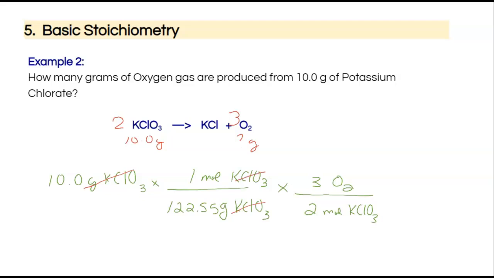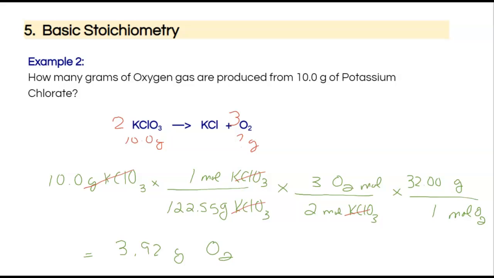I'm getting there, but I'm not there yet, right? Now I need to get rid of my moles of oxygen and convert that to grams. I know 1 mole of oxygen has a mass of 32.00 grams. Multiplying across, I should get the same value as before, 3.92 grams of O2.